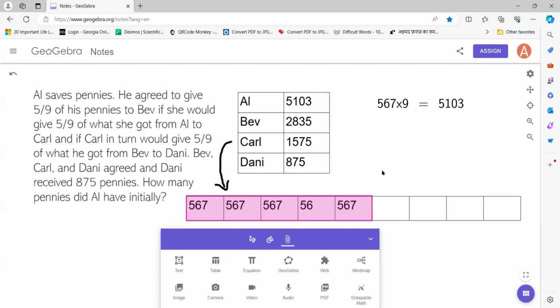Now, you can easily check your work, and I will check my work. So let's see how we can check our work. I am going to take Al's amount and find 5/9 of that.